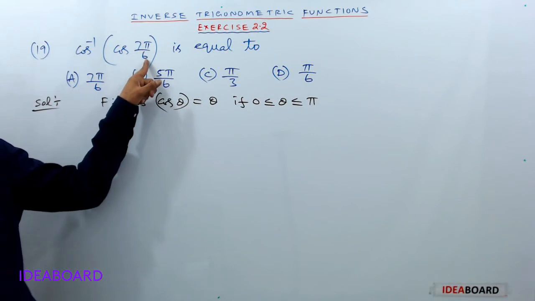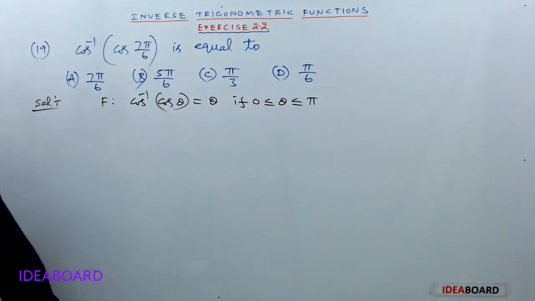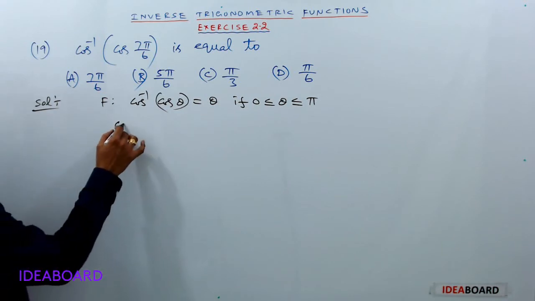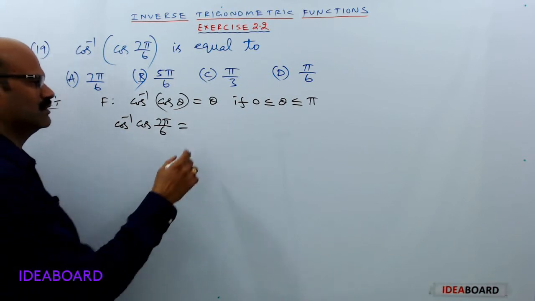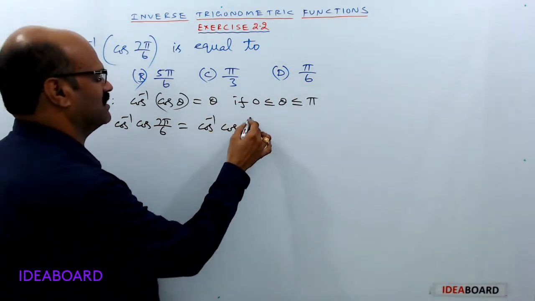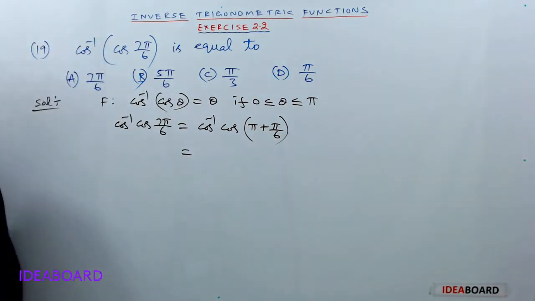Seven pi by 6 is more than pi. So we have to write the given problem equal to cos inverse of cos of pi plus pi by 6.